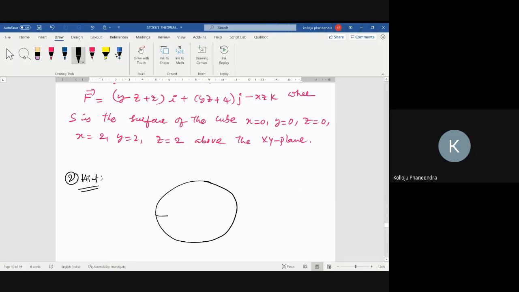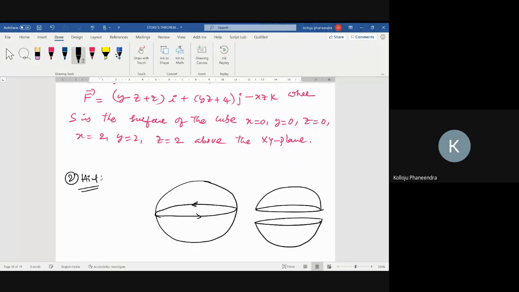What we have to do, for example, this is the sphere. You cut the sphere to open it, in the middle, in the anti-clockwise direction. So this is one part and this is another part. Two parts.